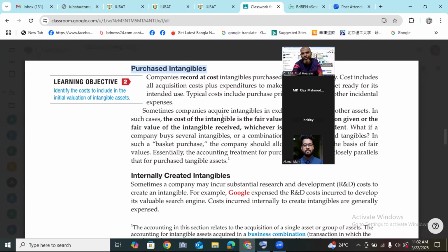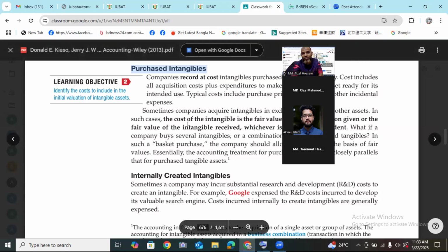Okay, so sometimes a company acquires intangible assets in exchange for stock and other assets. So instead of cash, sometimes companies acquire intangible assets in exchange for stock, your company share, or other types of assets you can exchange. Or you can purchase intangibles with a combination of assets, stock, other assets and cash.